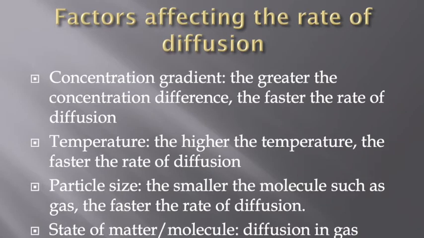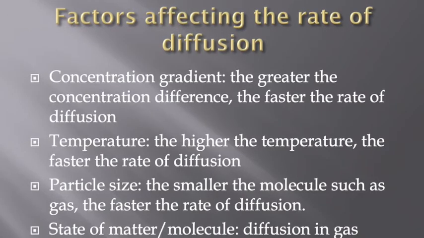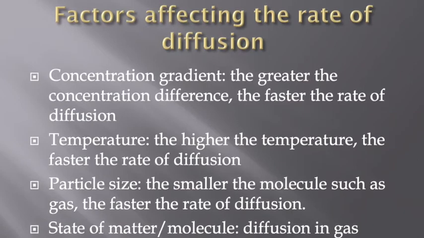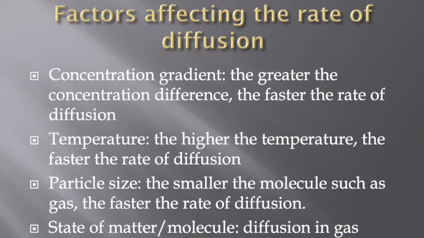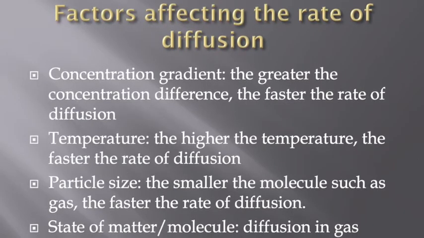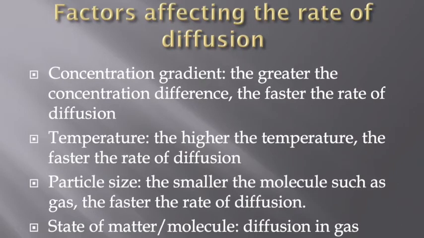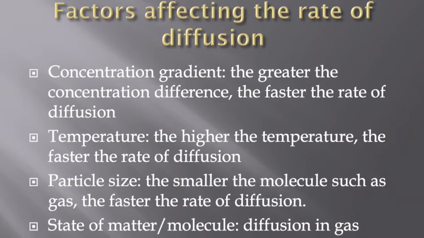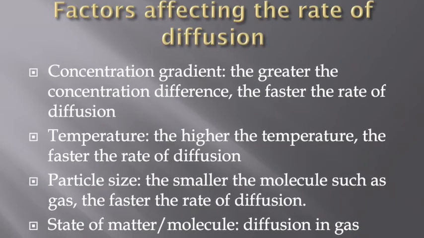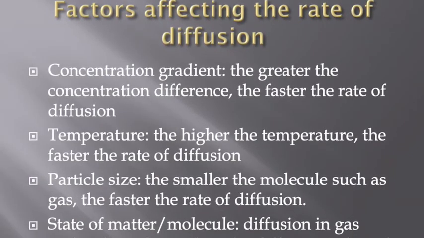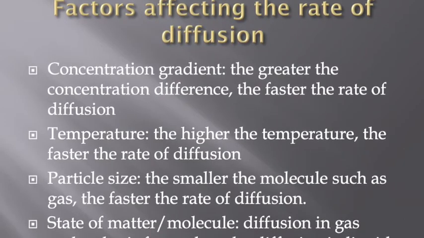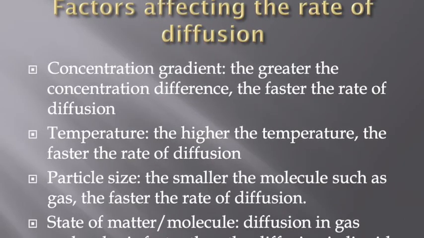The second factor affecting the rate of diffusion is temperature. The higher the temperature, the faster the rate of diffusion. Here, let us take note. The molecules need energy to be able to move from one point to the other.